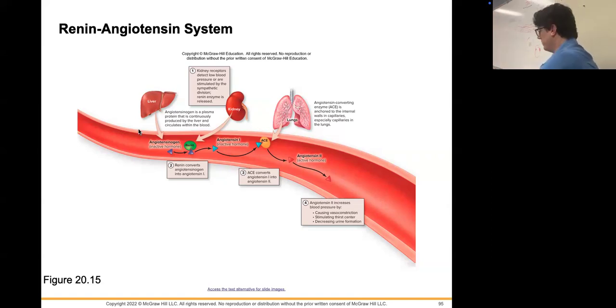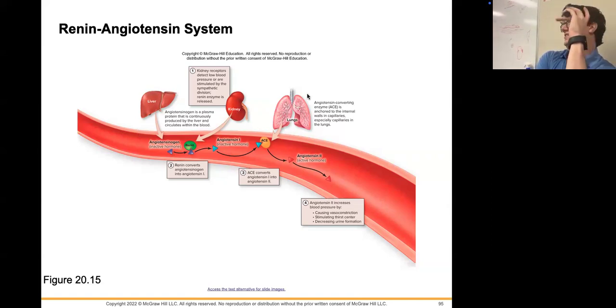Okay. Now, the fun bit with this ACE one, though, is that ACE is in the lungs. Okay. Now, particularly, it is going to be found in the capillaries inside your lungs. And that's where it is doing all of its activity.